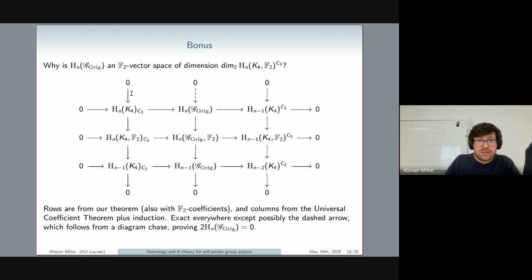So basically it's exact when I include this 0 up here. I don't have to continue here using the first homology group of C3 with coefficients and so on. Like I don't have to continue this long exact sequence up here or this long exact sequence down there, although that doesn't actually matter.